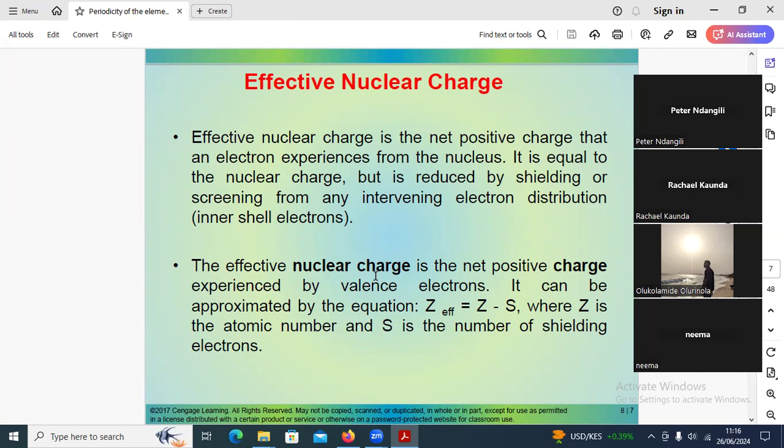So the effective nuclear charge is the net positive charge that is going to be experienced by not only the valence electron, but any electron that we have in the configuration.